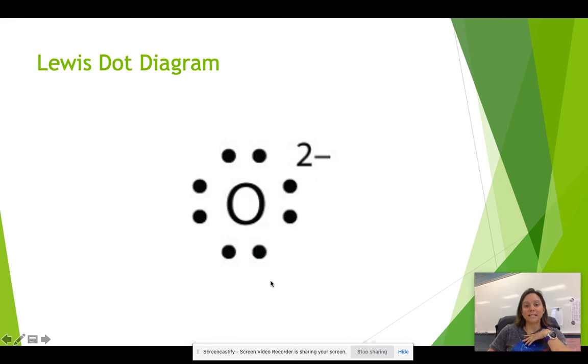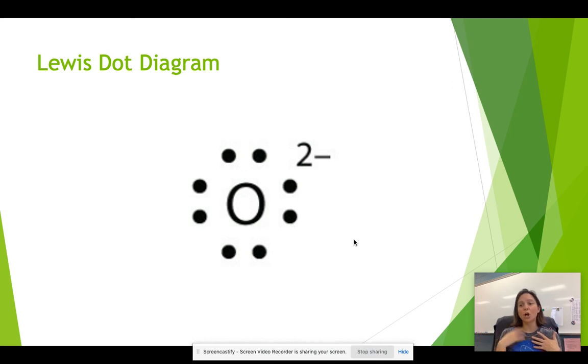If we look at this in the Lewis dot structure, remember, oxygen had 6 valence electrons. We just added 2, so this is what the Lewis dot structure would look like. Again, thinking about the octet rule, atoms want to have 8 valence electrons, so they're going to gain or lose electrons. It can't gain or lose protons because then we're changing the atom.